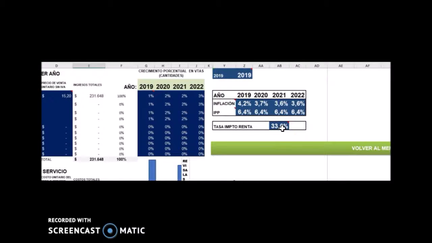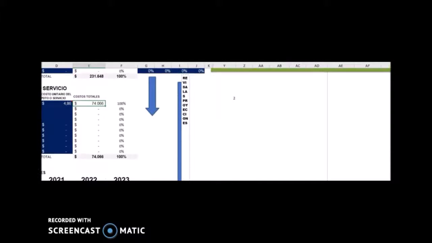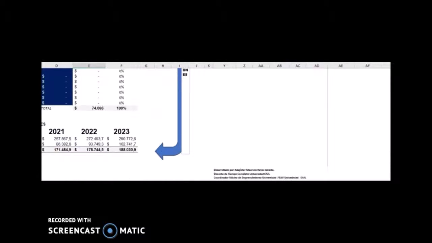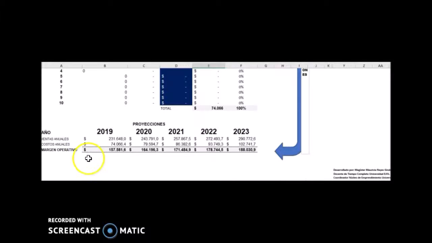And this is another rate, which is called tasa de impuesto de renta, which is 33% actually.